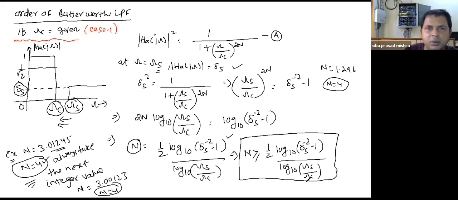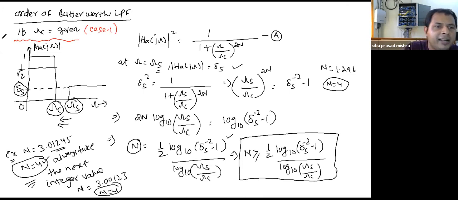Now, if you see here, I have taken del s as a linear value, not in dB, but sometimes in the exam you will get the question in dB.